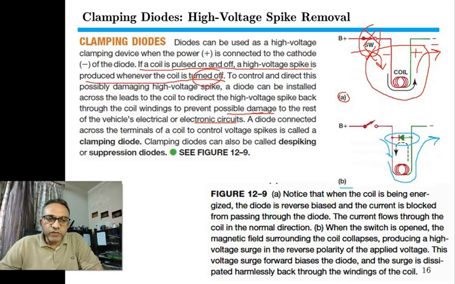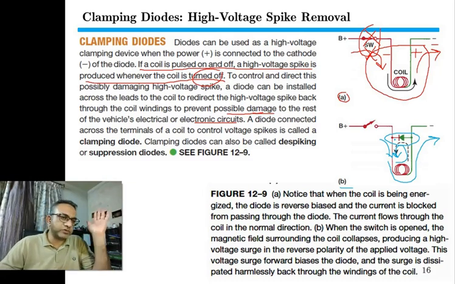Since we have now connected a diode, the current in the inductor will now flow through the diode. And once the diode is conducting, the conducting diode has a voltage of 0.7 volts. Simple answer. Hence, no spike will be produced.